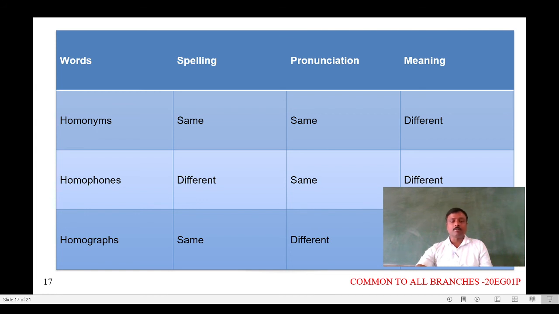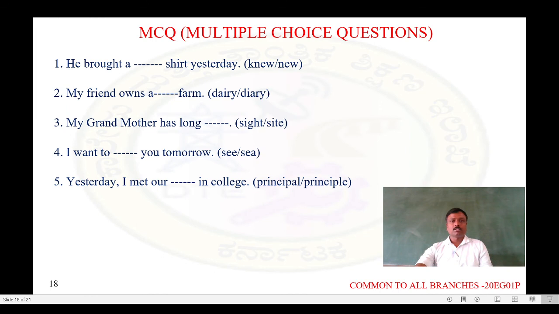They have different meanings, and sometimes they create confusion in our conversation and in our writings. If we go through these words, there won't be any confusion. I hope all of you have understood about these three words. Now let's go to the multiple choice questions.